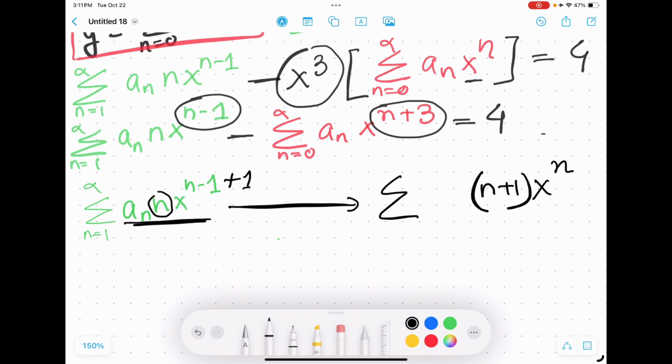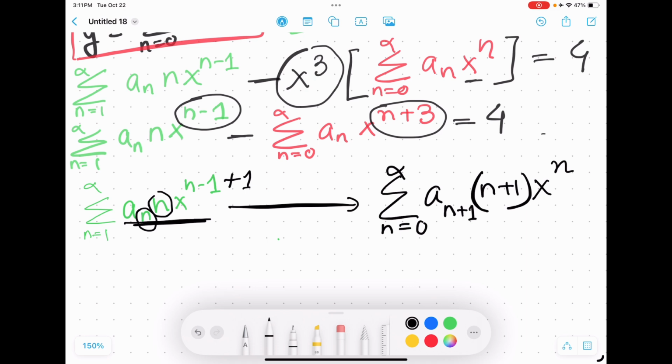And my other n, which is this one right here, becomes a sub n plus 1. Now, again, as per rules of the power series, if all my n's increase by 1, then my starting index decreases by 1. So now it's going to become 0 to infinity.